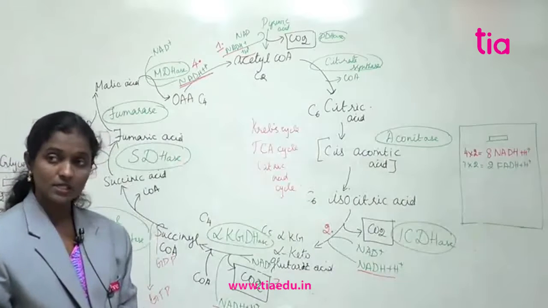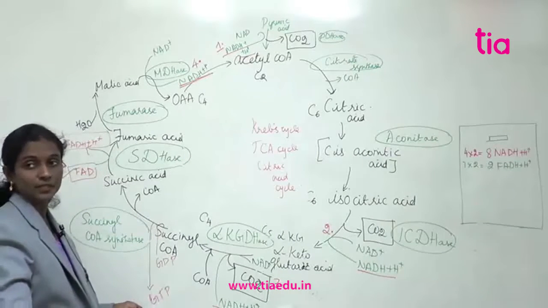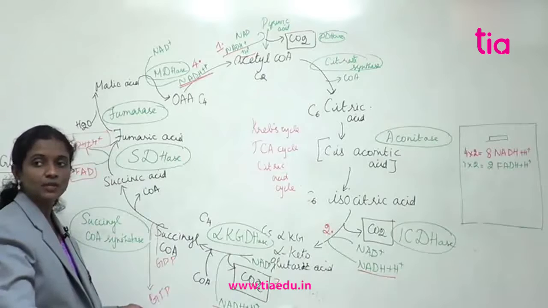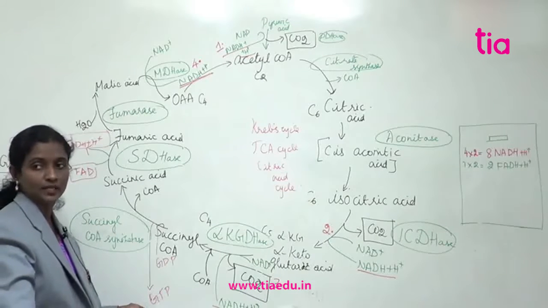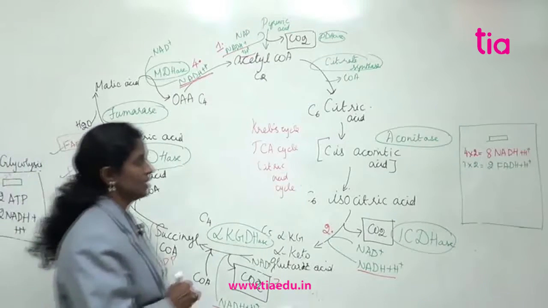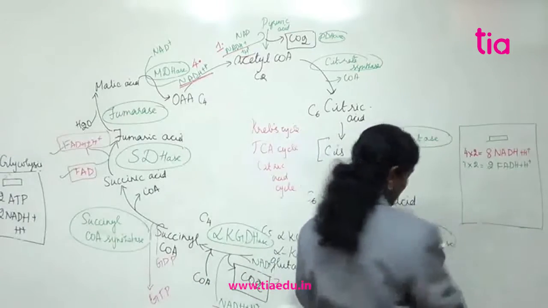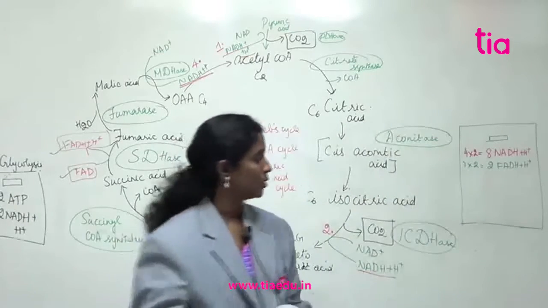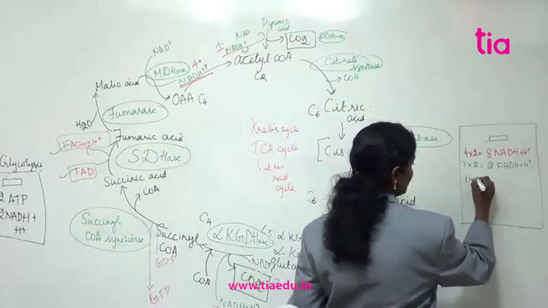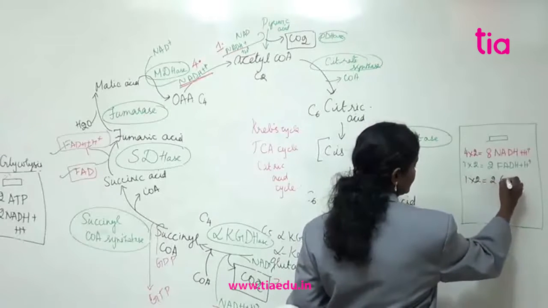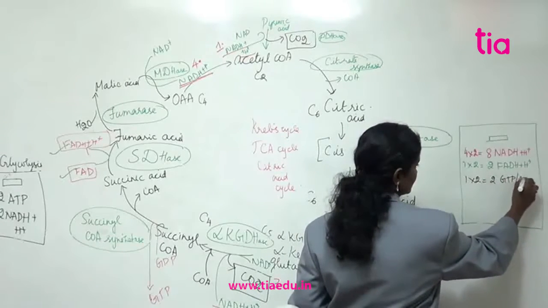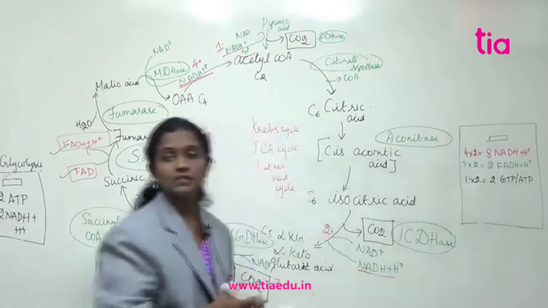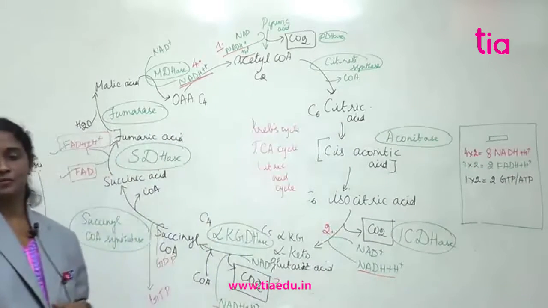Then what is this one here? We saw GTP, right? Either you can take it as GTP or, as I said, you can even take it as 2 ATPs, 2 rounds. So we will consider that as 1 into 2, either GTP or ATP. This is what we have received out of the Krebs cycle.